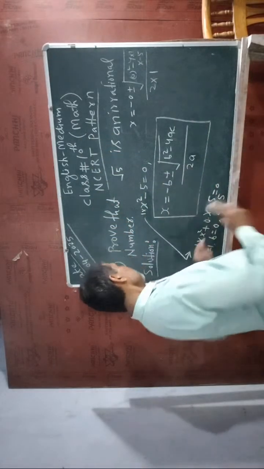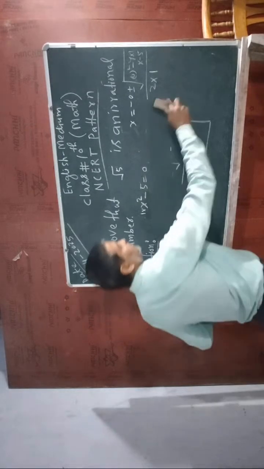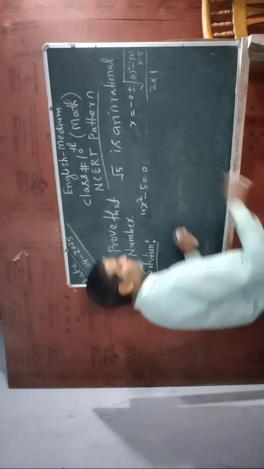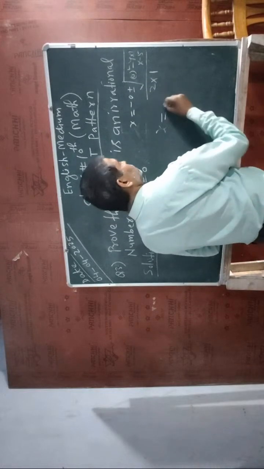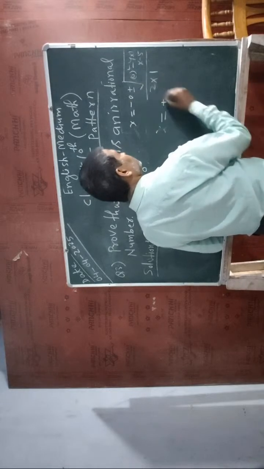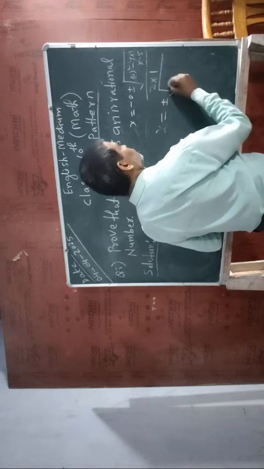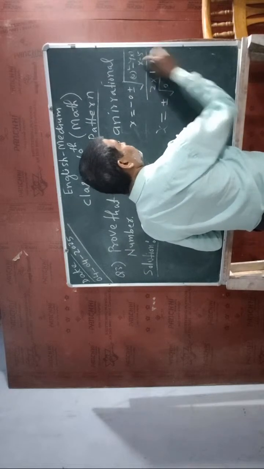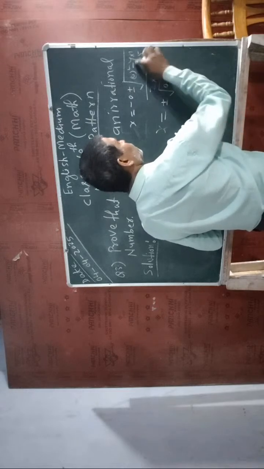So after putting these values, I will get its root. x is equal to plus minus the square root of 0 square minus 0, so that term will finish. Minus into minus will be plus, 4 into 5, 4 5 are 20.